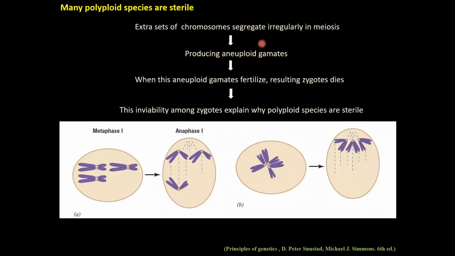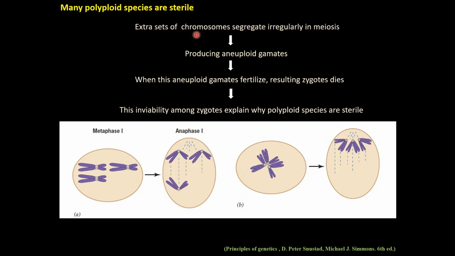As we have discussed in the introduction part, polyploid species are more robust than their diploid counterparts. But at the same time, we have also discussed that many polyploid species are sterile. Here, we will discuss why most of the polyploid species are sterile.